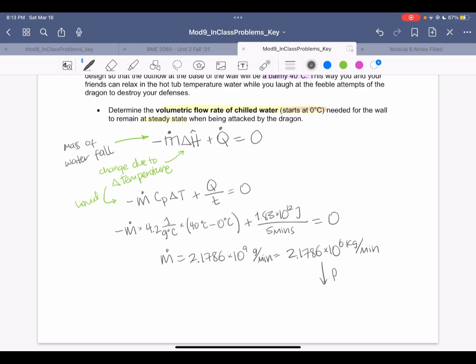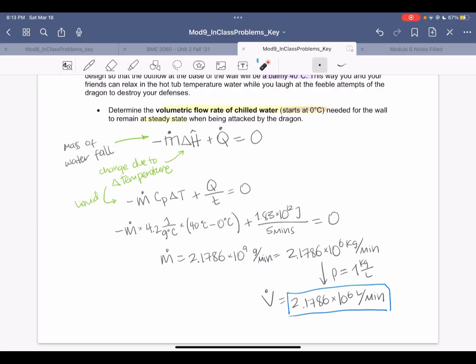Since I know that the density of water is equal to 1 kilogram per liter, I'm going to convert these to a volumetric flow rate of 2.1786 million liters per minute. That's my final answer.